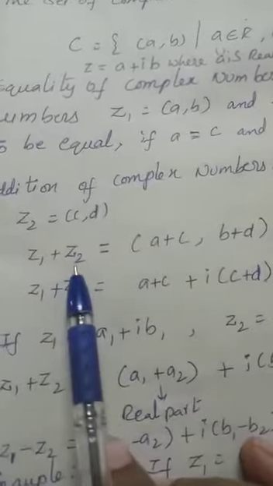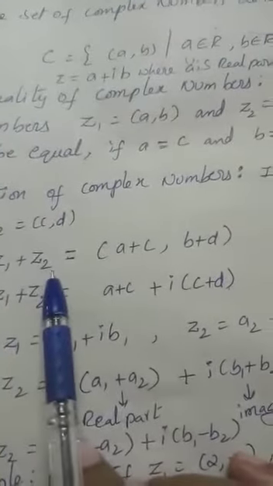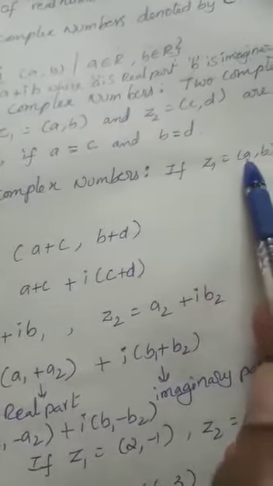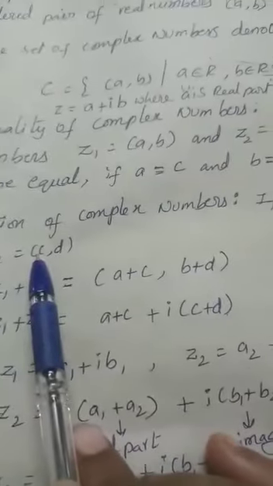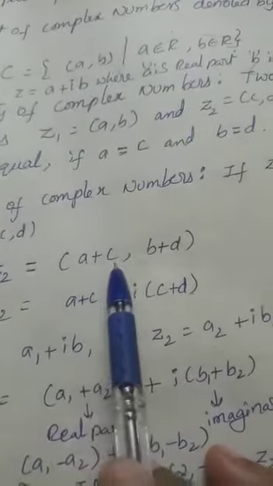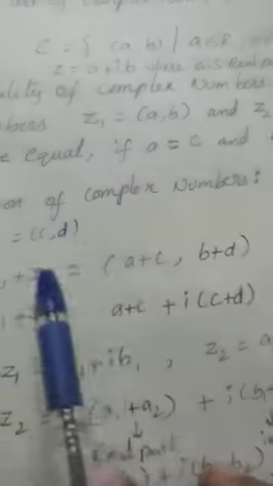So now we have to find Z1 plus Z2. Addition of two complex numbers. We have to add real parts first. Here real part is A and here real part is C. So addition of real parts A plus C, comma addition of imaginary parts B plus D.